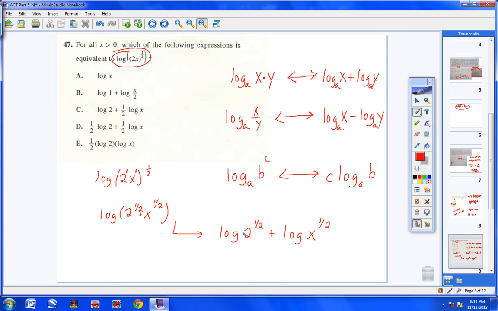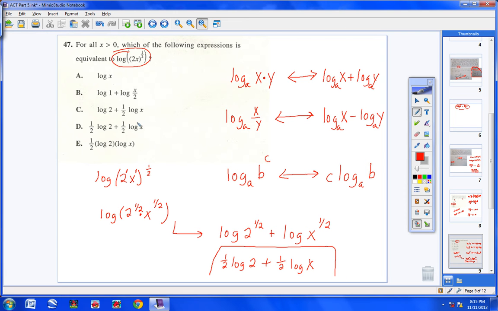Okay, and now what did I review? Whenever you have a power, you can move it out front. So if I move the 1/2 out front, I would have 1/2 log of 2 plus 1/2 log of x. There we go.